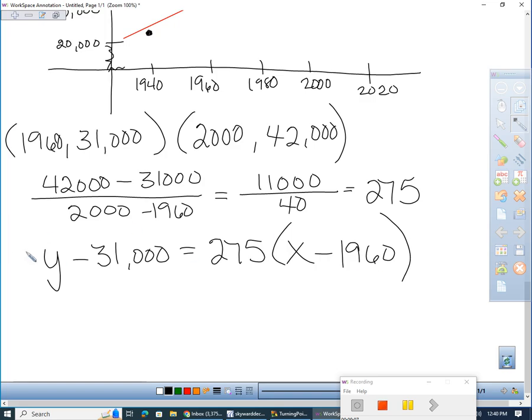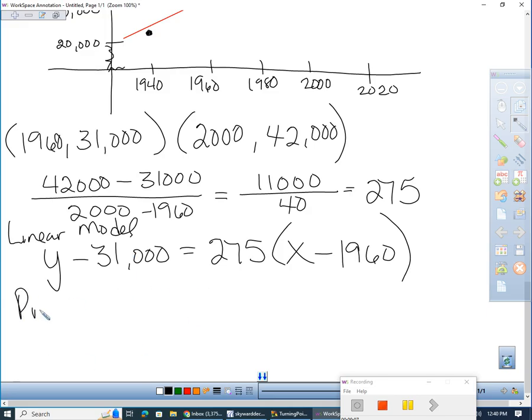This is the line of best fit, and we call this a linear model because I can now predict how much money is going to be the average made in, let's say, 3,000. We're not going to be around to see that, though.